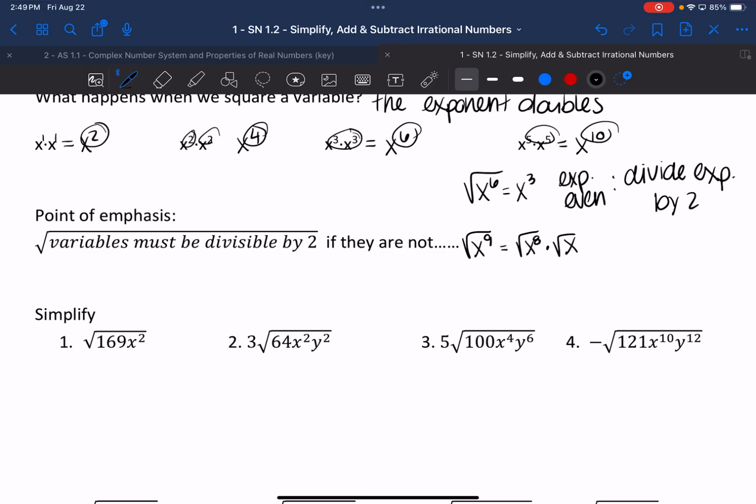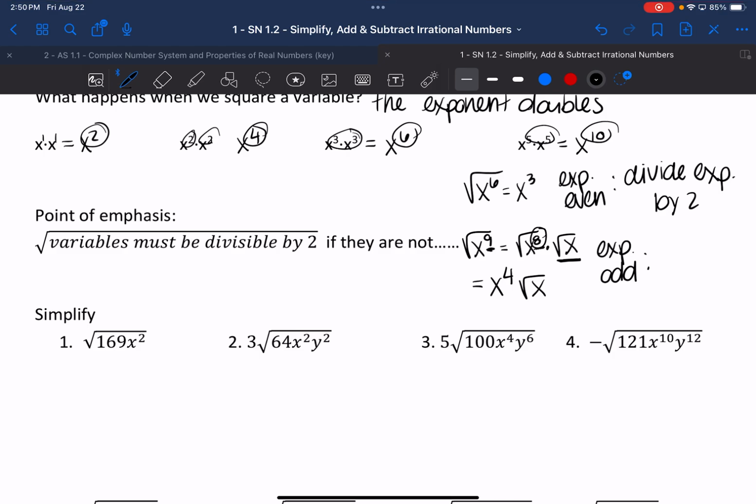Okay? And now I can look at this exponent. It's even. All I have to do is divide by 2. And I get x to the 4th. But we do need to remember there was this extra one, right? So it would be x to the 4th square root of x is what we would get. Okay? So if your exponent is odd, what you need to do is take away 1, right?